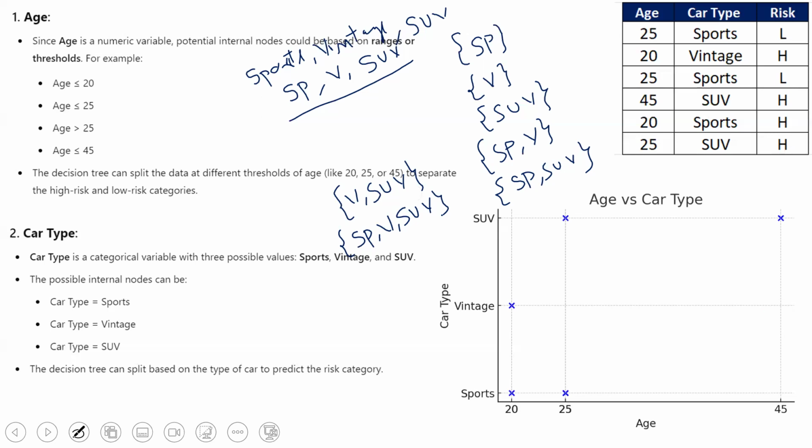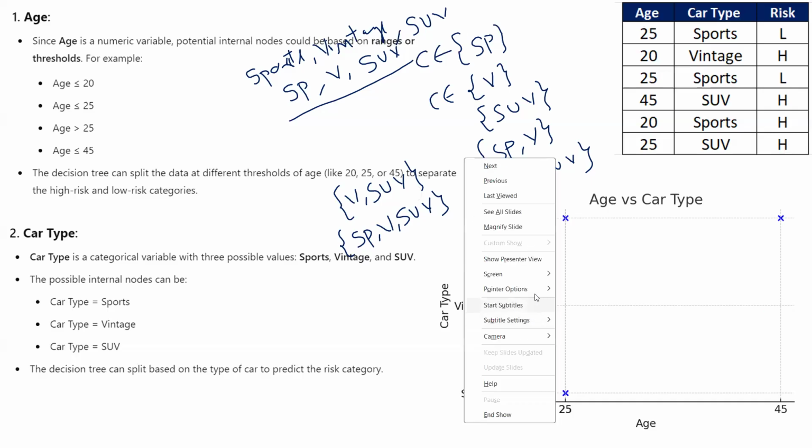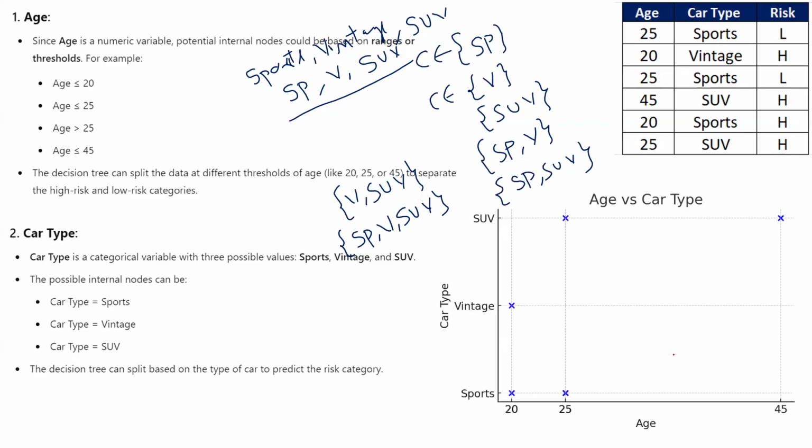So car type belongs to sports, car type belongs to vintage, car type belongs to SUV. So these are the possibilities that we can derive. But if you carefully observe here, a few points will be redundant. What are those few? Do you think these two are same? Those two will not be same.